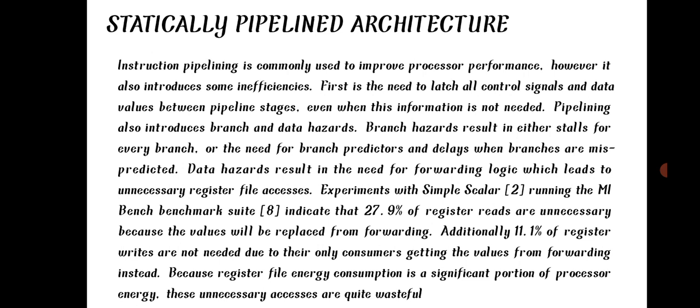Pipelining also introduces branch and data hazards. Branch hazards result in either a stall for every branch, the need for branch redirection, and delays when branches are mispredicted. Data hazards result in the need for forwarding logic, which leads to unnecessary register file accesses.